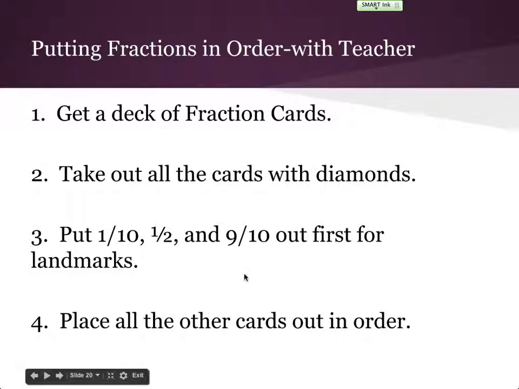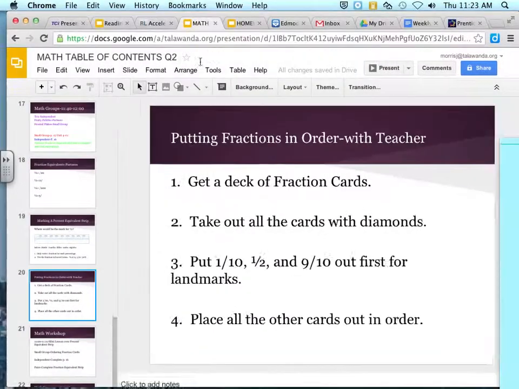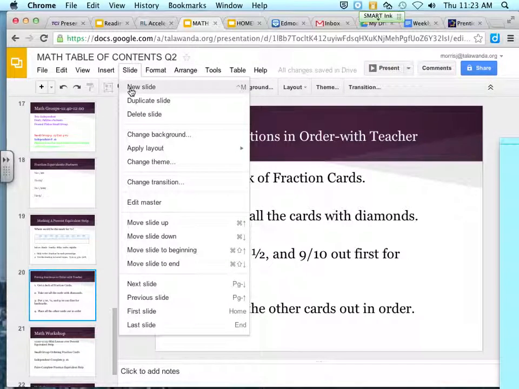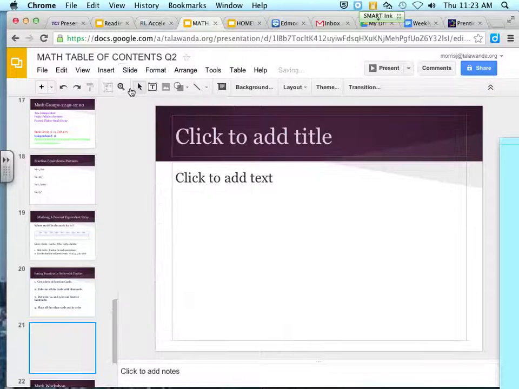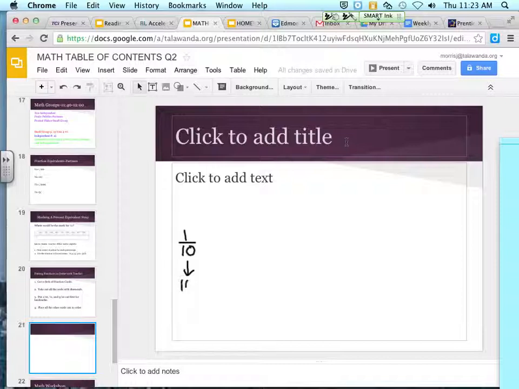So, let me show you an example. Did we pass them out? Not yet. So if I put 1/10, what's the percentage of 1/10? 1/10 is equal to 10%. Then they said to put 1/2 as a landmark.